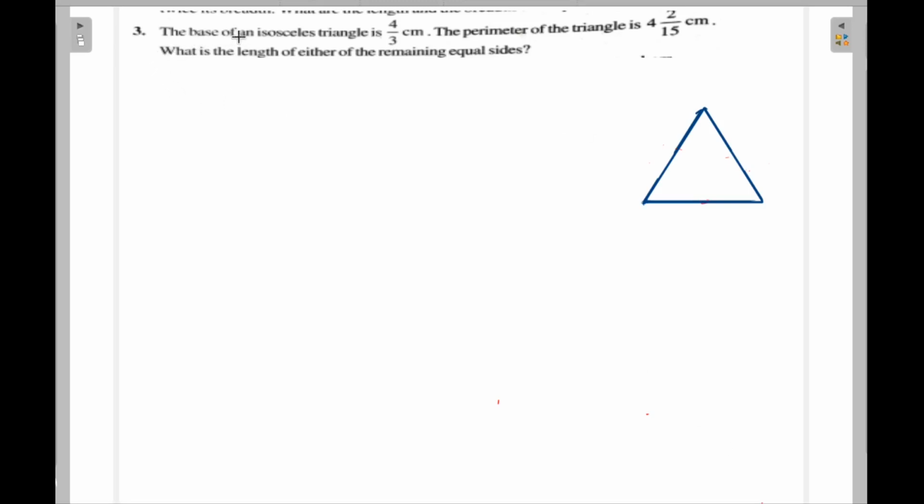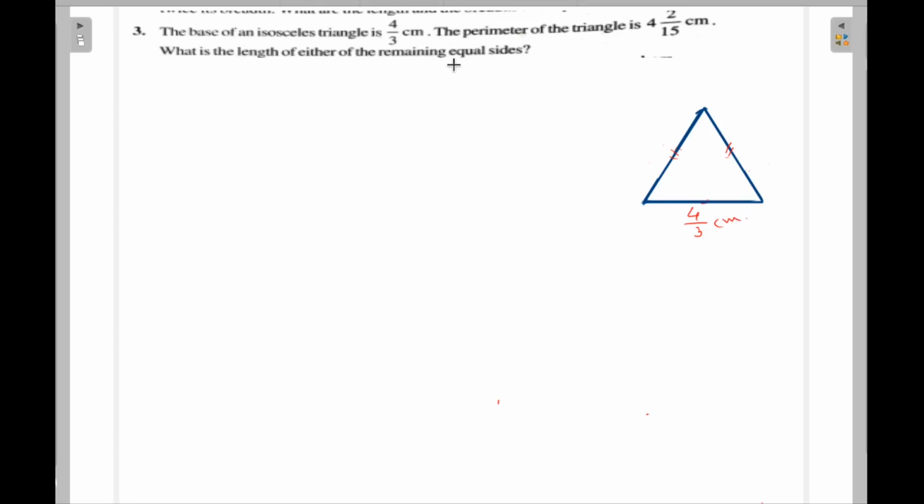Number 3. The base of an isosceles triangle is 4 by 3 centimeter. So this is an isosceles triangle. What is the meaning of isosceles triangle? That two sides of an isosceles triangle are equal. Here these two sides are equal and the base is given as 4 by 3 centimeter.